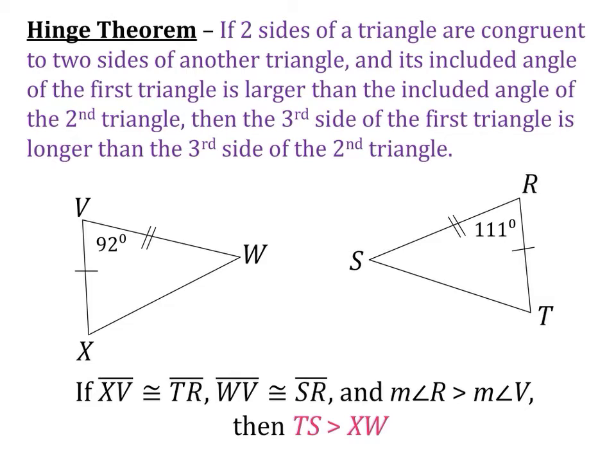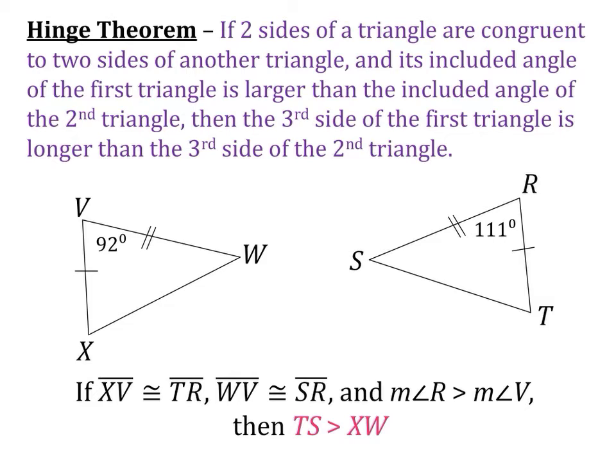If two sides of a triangle are congruent to two sides of another triangle, and the included angle of the first triangle is larger than the included angle of the second triangle, then the third side of the first triangle is longer than the third side of the second triangle.